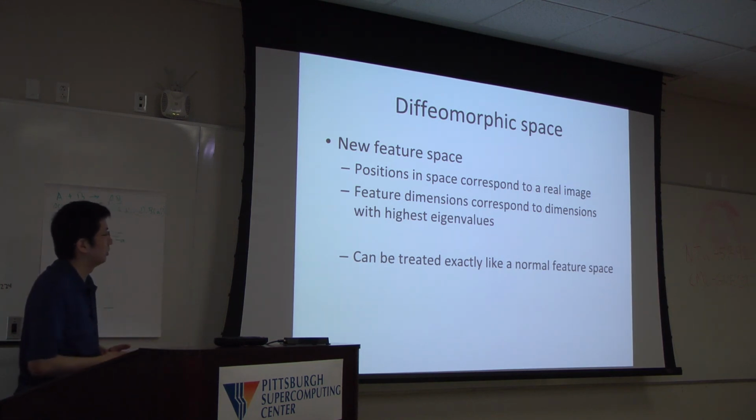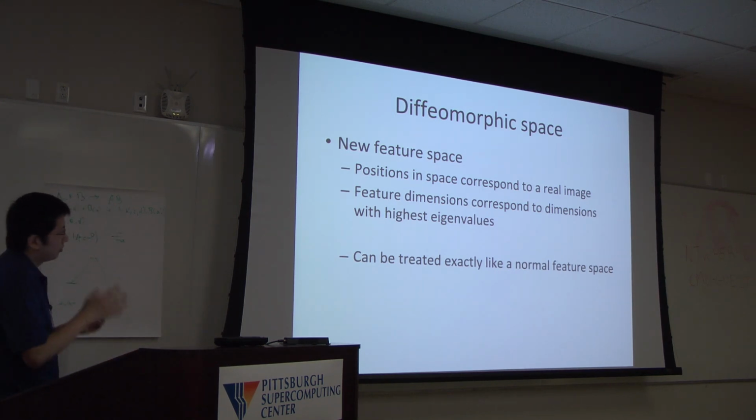It's like PCA capturing the highest eigenvalues. So it can be used as a normal feature space, where we use the coordinates of the shape in the shape space as features, and we can perform classification or clustering tasks using the features.